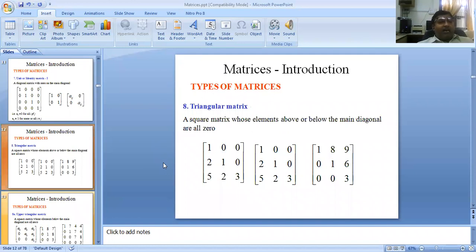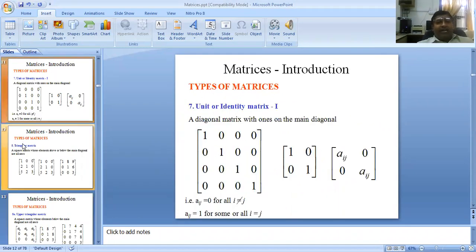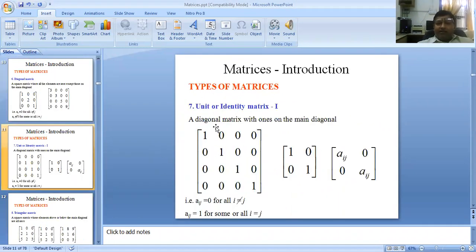Then there is a unit matrix. The title of the matrix itself gives us an idea about what the elements in the matrix are. The word unit means one.